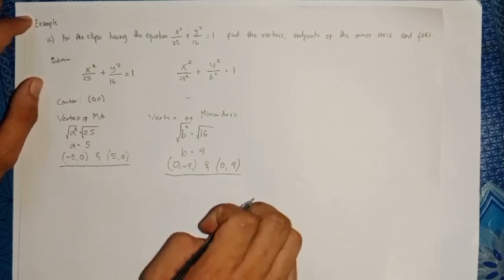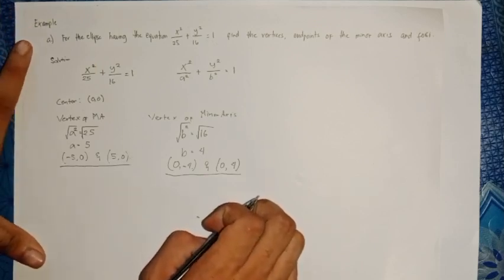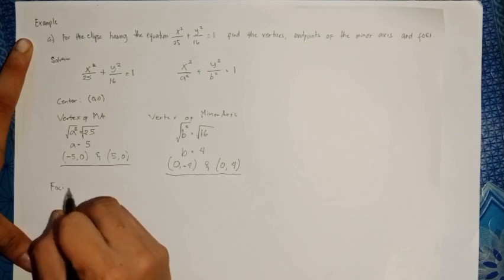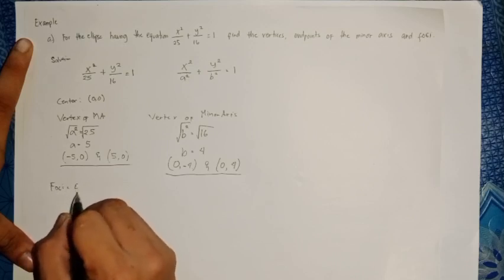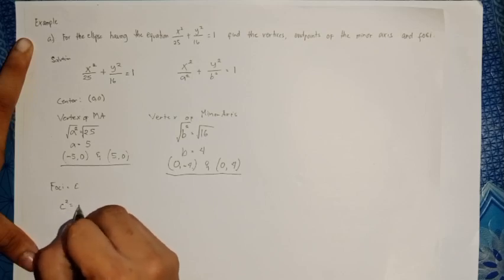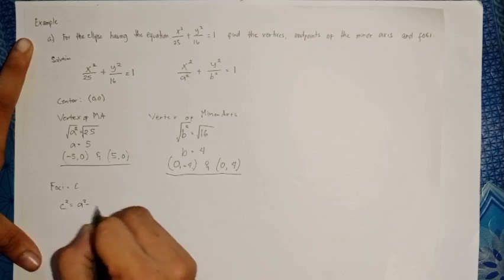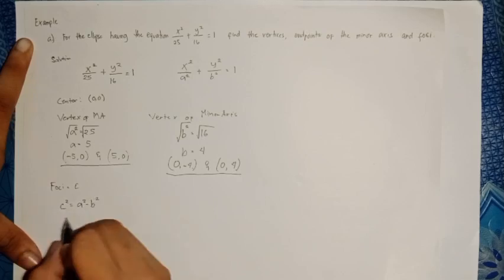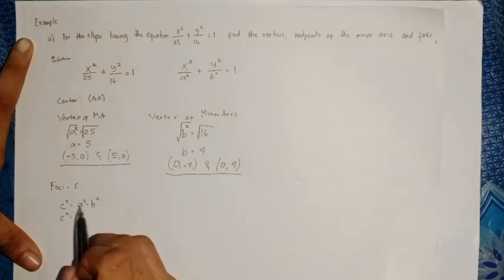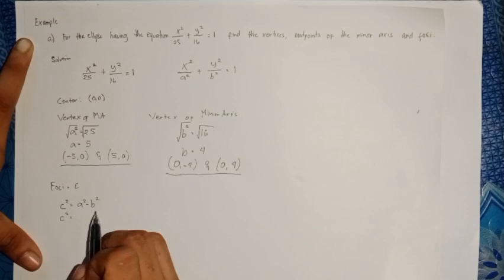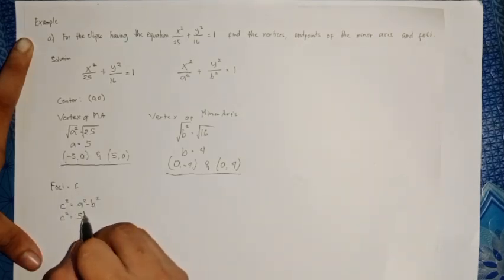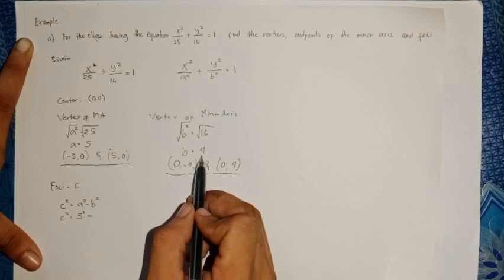Now let's find the foci. Again, foci are denoted as c, right? To find c, we will use c squared is equal to a squared minus b squared. Next, you just substitute the values of a and b. So a is 5, 5 squared, minus b is 4 squared.